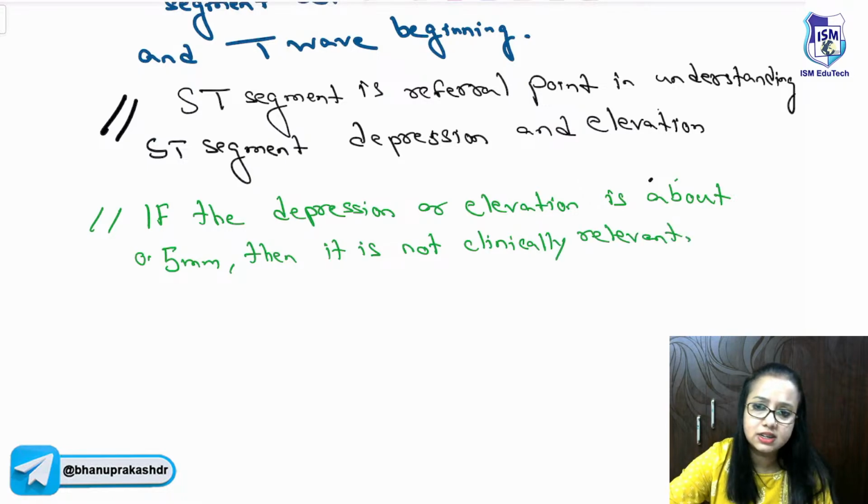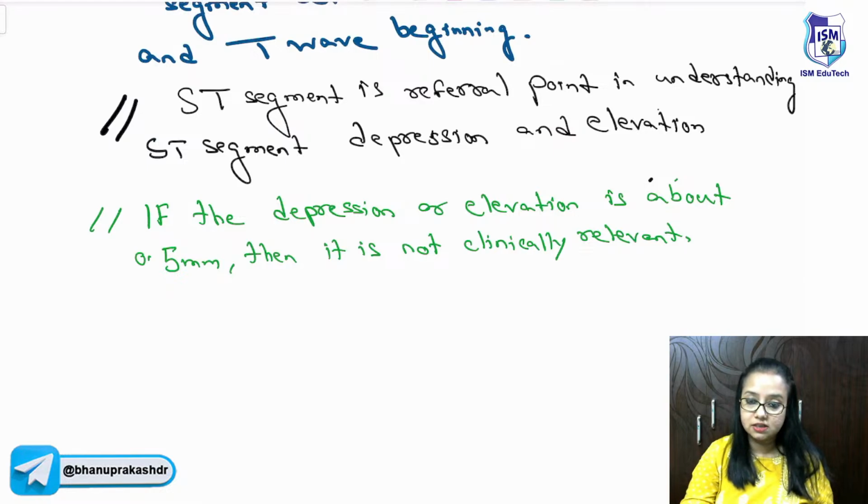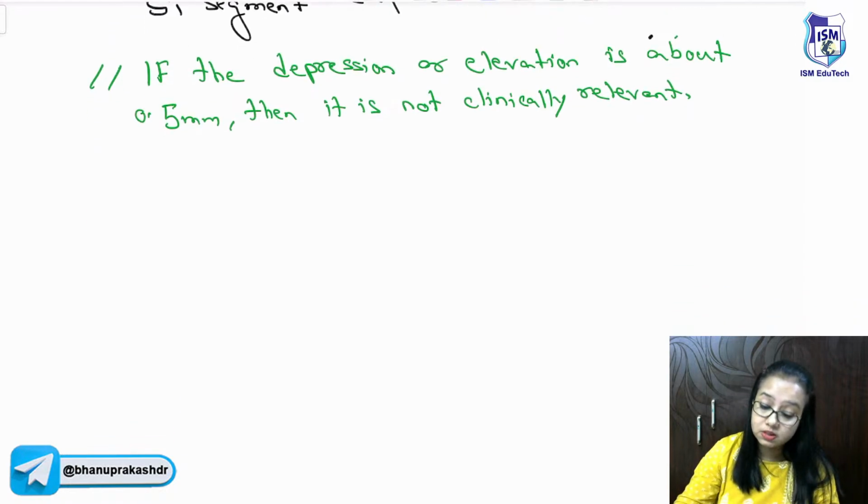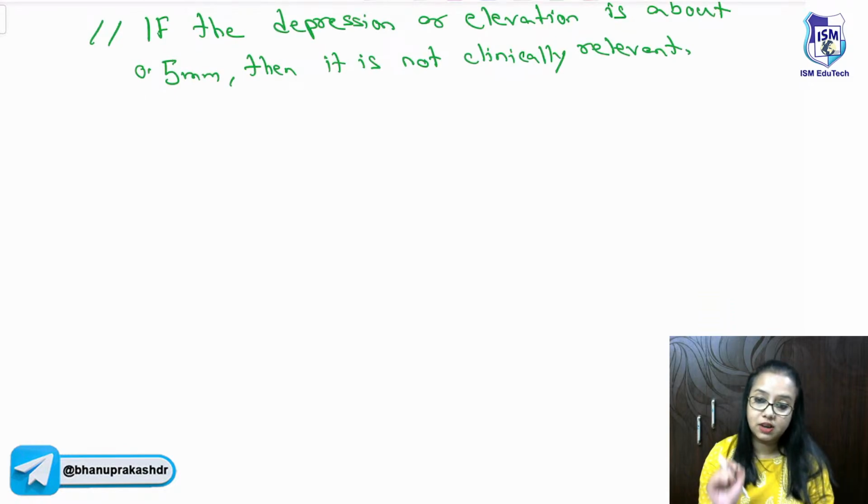It does not indicate any clinical condition. We cannot say that the person is suffering from some clinical condition if it goes only half a box up or down. And always remember, ECG is not only the final diagnostic pinpoint kind of thing. It has to be correlated with lab study and imaging, and then only a proper diagnosis can be made. But it gives a very good understanding of the possibilities that a person may be suffering from.